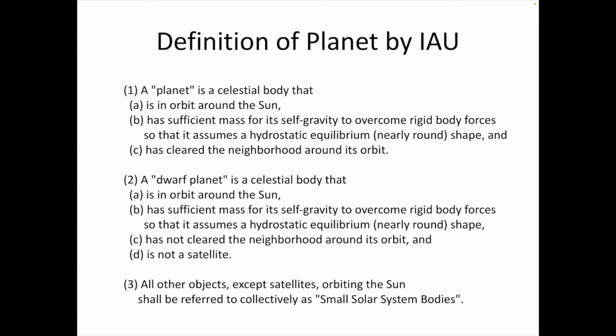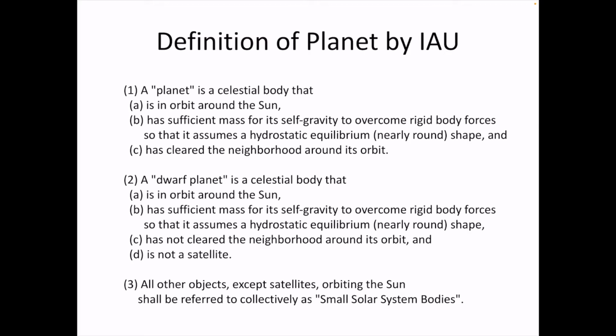The last condition was introduced to remove Pluto from the list of planets. Actually, Pluto cannot satisfy the last condition, C. So Pluto becomes a dwarf planet, the second category. A dwarf planet is a celestial body that is in orbit around the Sun, which is the first condition, A. The second condition, B, is the same as the definition of a planet. The third condition is that it has not cleared the neighborhood around its orbit.